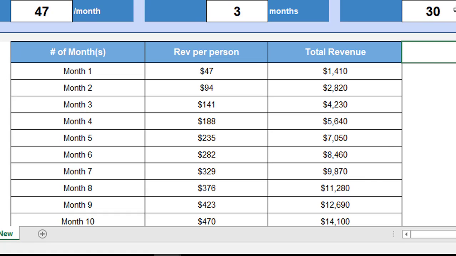So that's kind of neat, but let's go back. Let's say that we're only doing 20 people a month. We're not super salesmen yet. That's all we can do is 20 people. But our membership, what we're selling here, is really, really good. And it's actually worth $97 instead of $47.